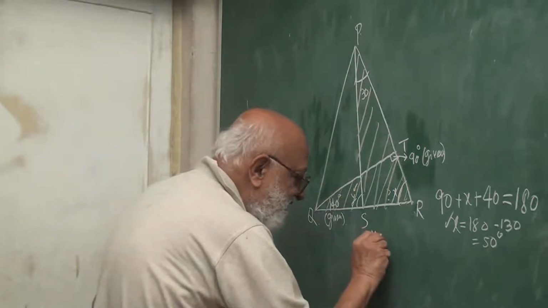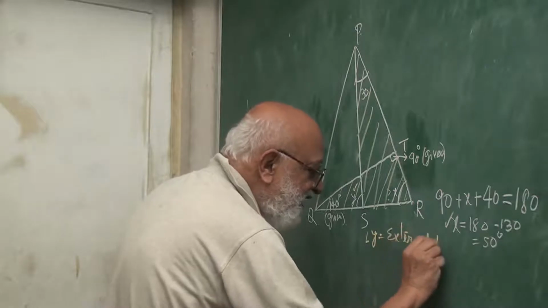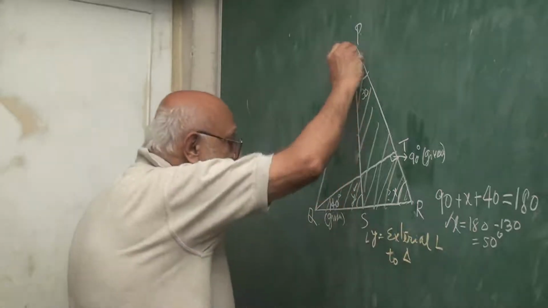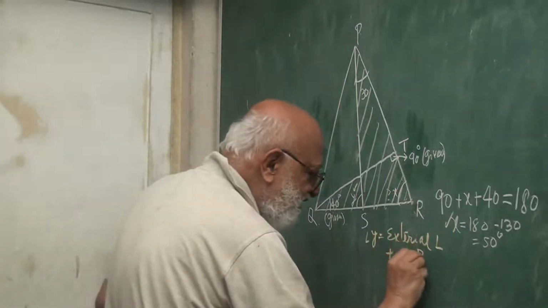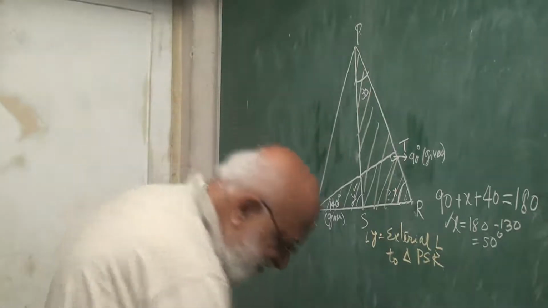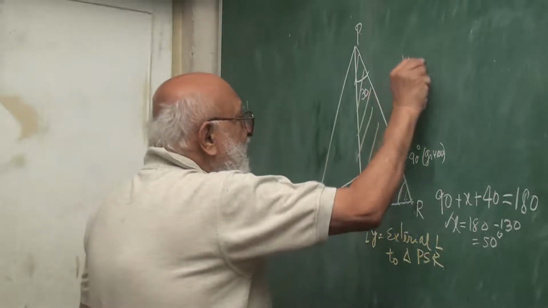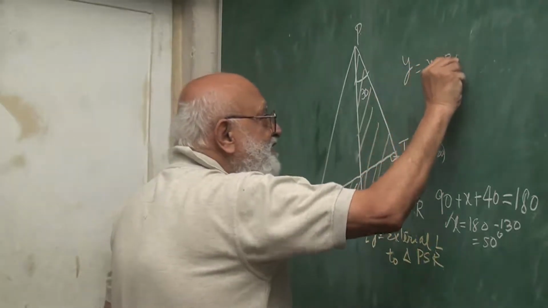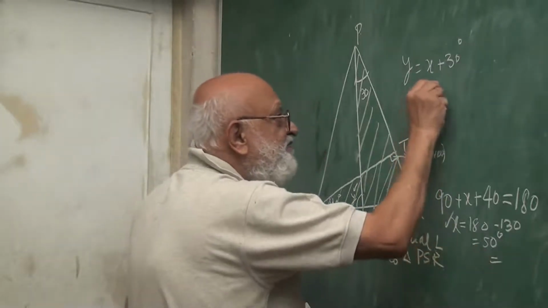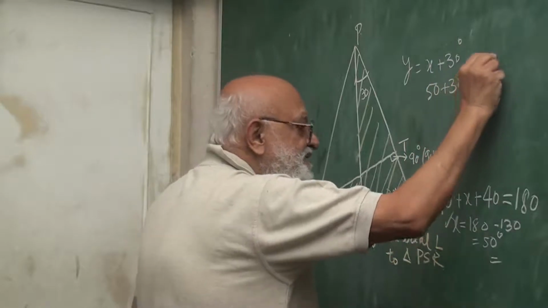Angle Y is an exterior angle to triangle PSR. So then I can say Y equals X plus 30 degrees. I already have X. So X is 50 plus 30, so that will give you 80 degrees.